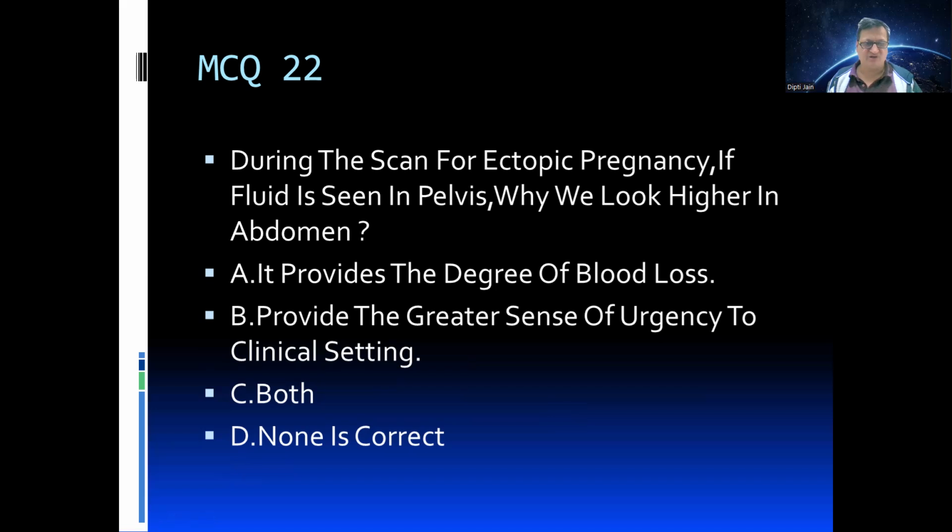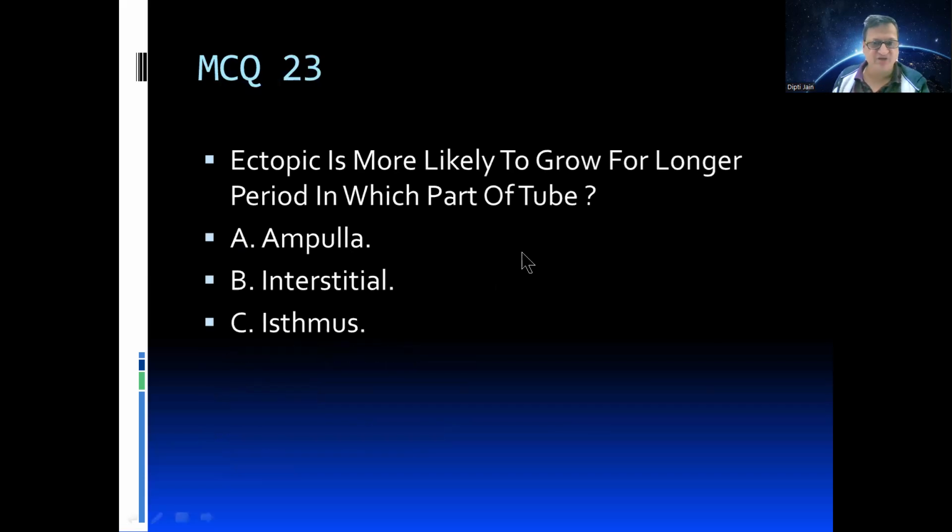So it provides the degree of the blood loss, and it also shows how much urgency is needed in the clinical setting. If the blood loss is less, then the patient may be stable, otherwise it may become unstable soon. So answer is C.